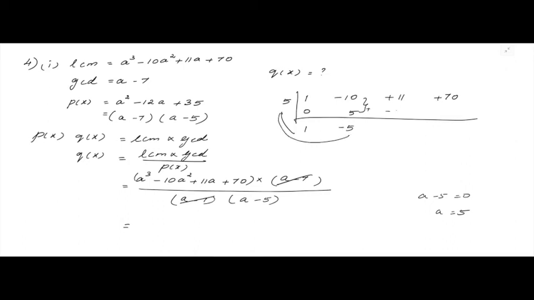Now find the difference, and the greater one is minus. Now you multiply these two. So the remainder is 0.